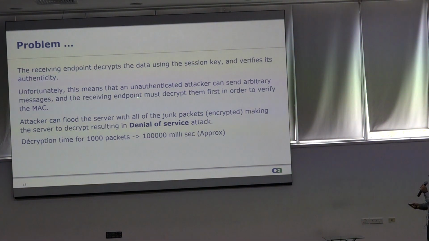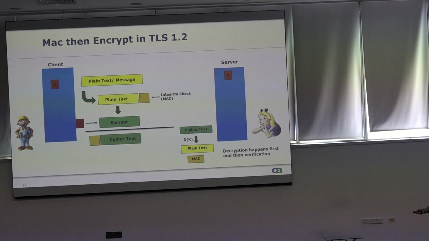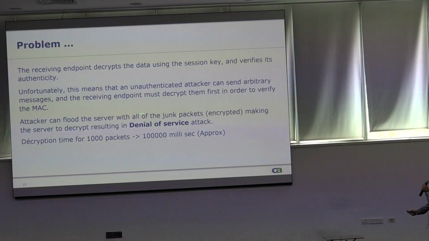The receiving endpoint must decrypt them first in order to verify the MAC. That was as per the design. If you see this, it is computing the MAC first and then encryption later. At the decryption point, you have to decrypt the ciphertext to get the plaintext and compute the MAC. The receiving endpoint must decrypt them in order to verify the MAC.